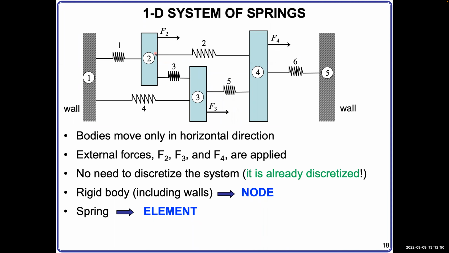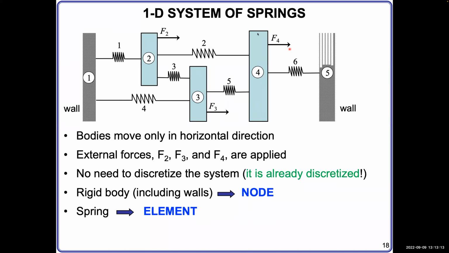Actually, we also call it a node, N-O-D-E, which is the more conventional way. The spring we call an element because the spring can get deformed. The node actually cannot be deformed. It can only move.